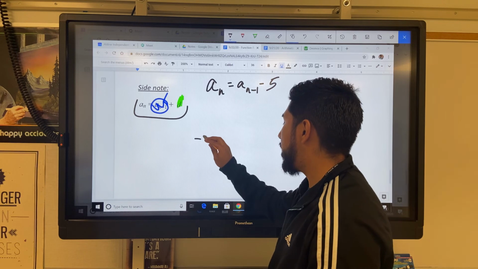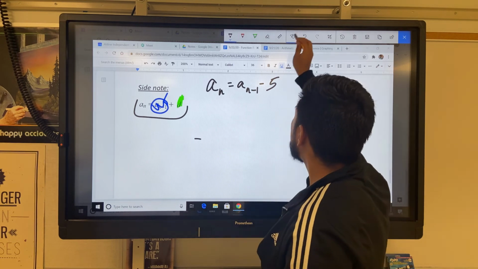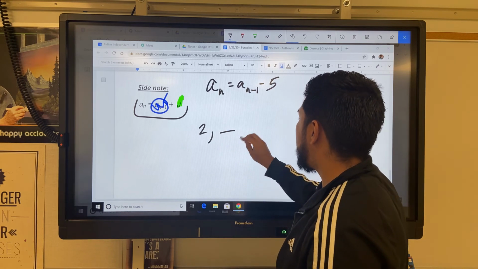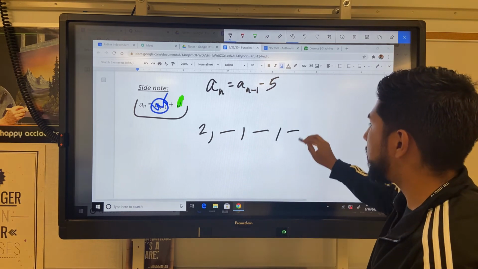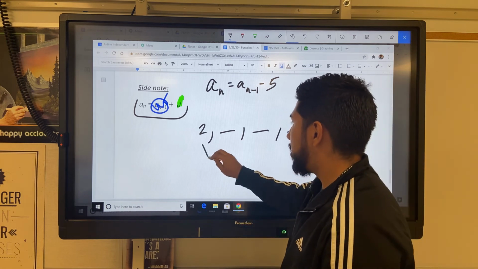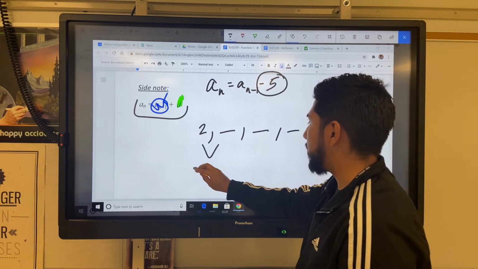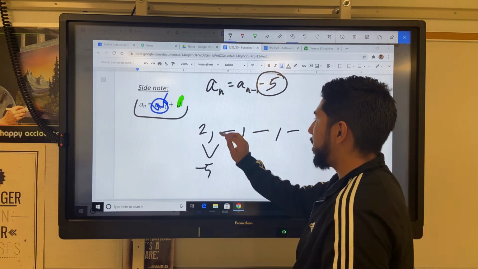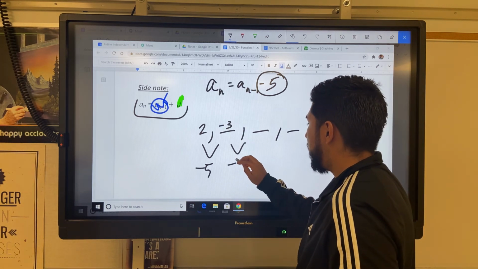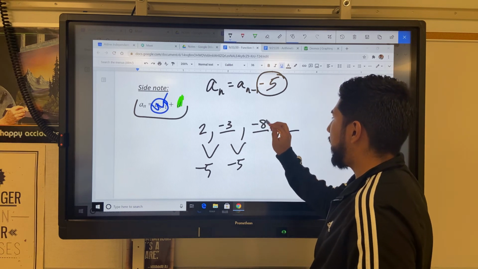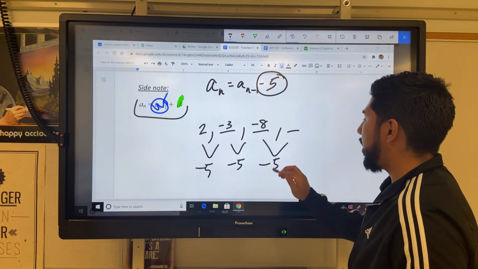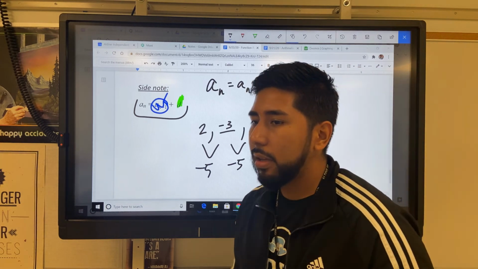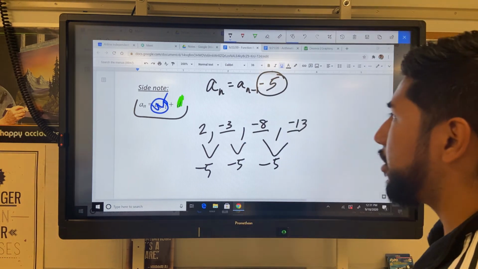If I give you 2, what's my next number? 2, this is a minus 5, so we're subtracting. 2 minus 5, calculator, negative 3. Negative 3 minus 5 is negative 8. Negative 8 minus 5 is negative 13. If you don't believe me, check your calculator, come to tutorials.